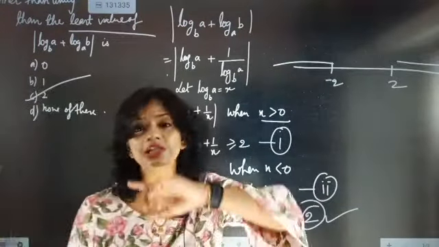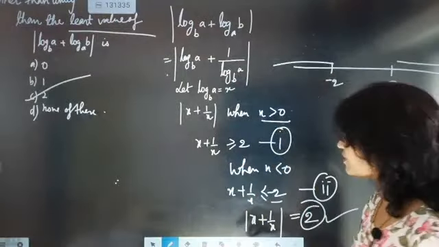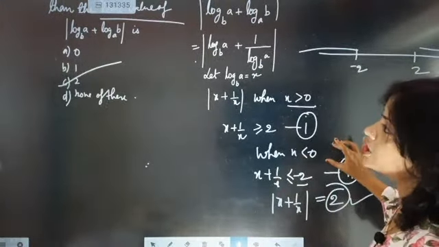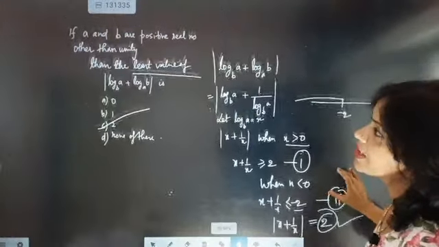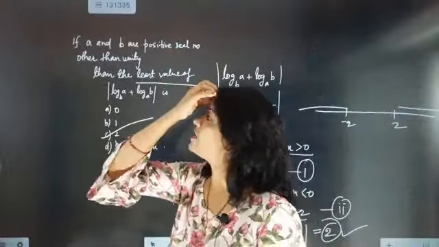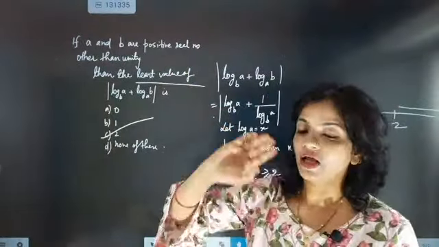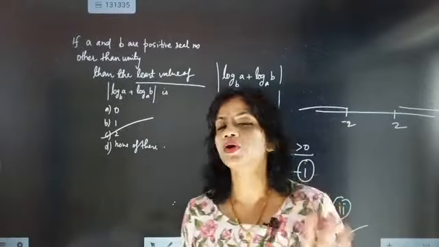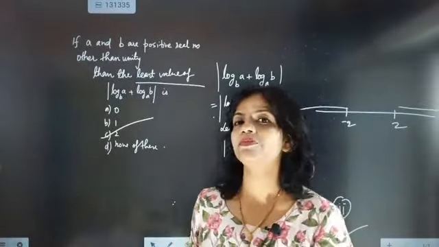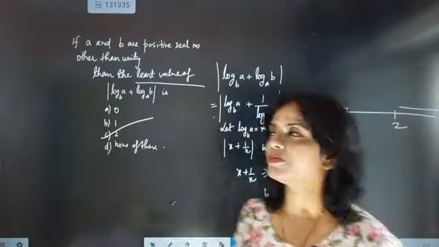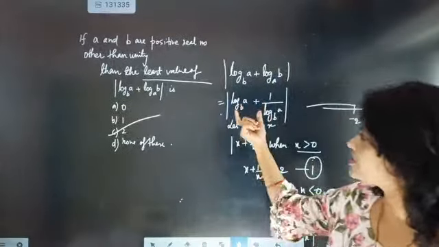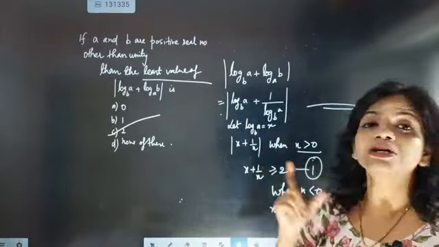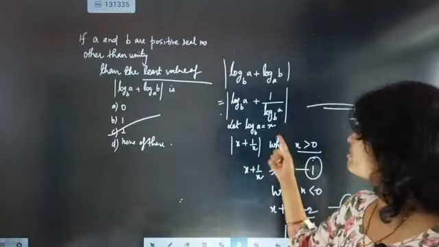Look here, Gautam, in the question itself it has been written that the value will not be unity. If a and b are positive real numbers other than unity, here we are not supposed to take a and b as 1. Once you are not taking a and b as 1, then 100%, beta, the log section is there, and you have assumed log a b as x.